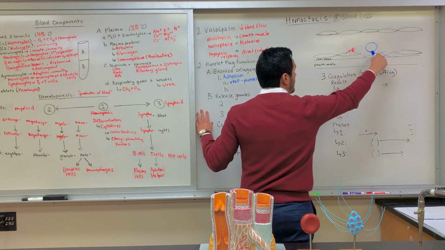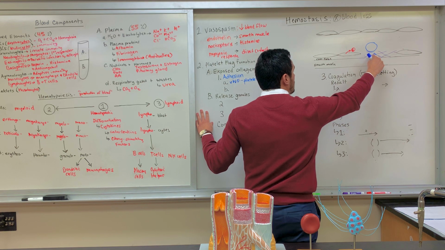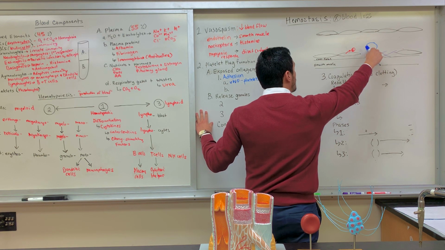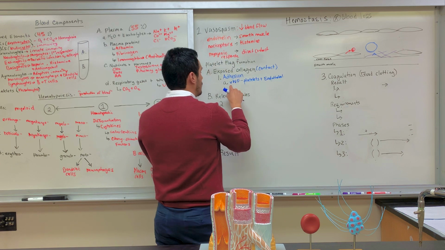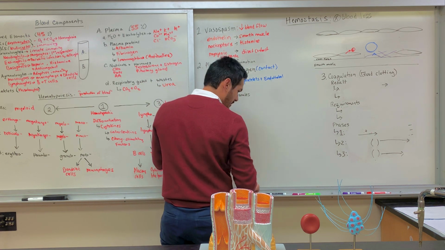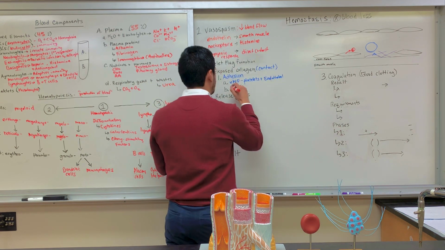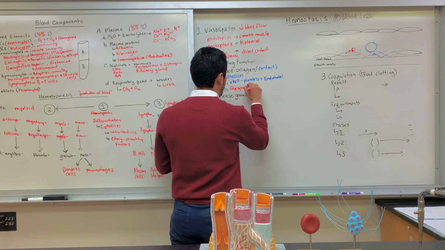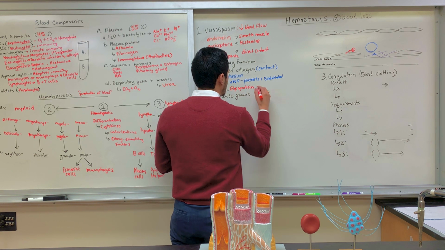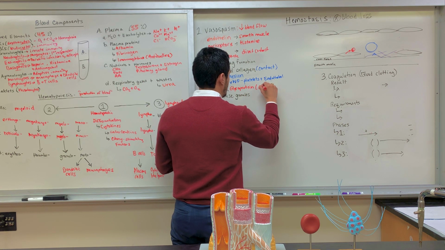As it's secreted and it binds here to this collagen, this is what enables the receptor that's found on the platelet to bind there. So the glycoprotein, I'm going to do the glycoprotein in red. We're not going to get into the specific name of it, but we need to understand this concept. So I'm just going to write glycoprotein, and GP for short.